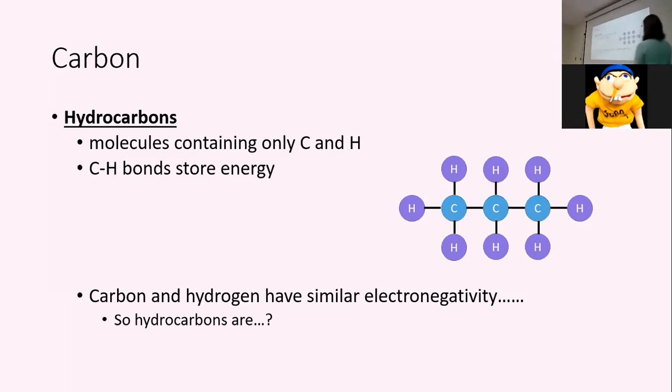All the way back to this little thing. Carbon and hydrogen have similar electronegativity, so hydrocarbons are non-polar. They don't have partial charges, so are they hydrophobic or hydrophilic then?